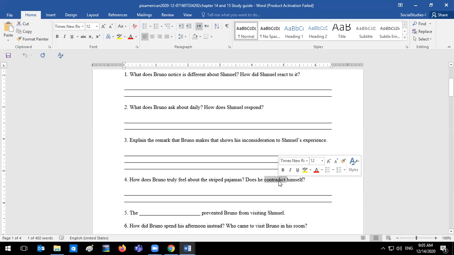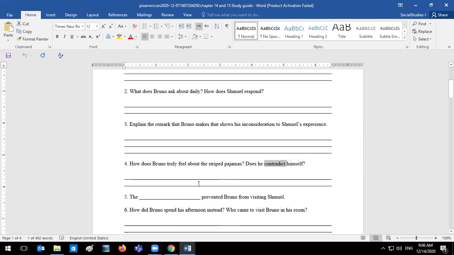Because he mentions later that he does like striped pajamas and that he feels a little envious or jealous, because how come Shmuel gets to wear striped pajamas all day and be very comfortable in them, whereas he has to wear trousers and a shirt and a tie and tight shoes, looking very professional and dressed very serious all the time. Okay, this is his idea or his feelings about the striped pajamas.